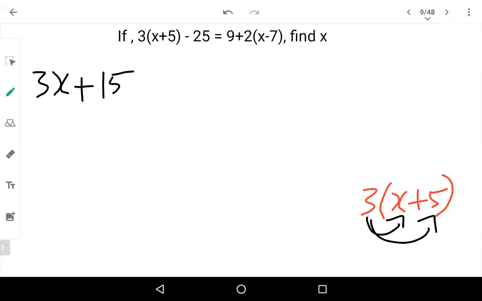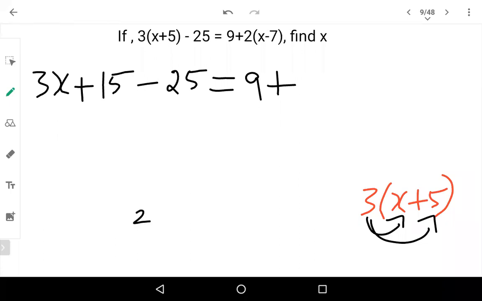Since it is plus everywhere, we have to take plus 15. 3 fives are 15. By doing this, I remove the brackets. Then I will retain minus 25 as it is. Then is equal to 9 is a constant, so it will remain as it is.